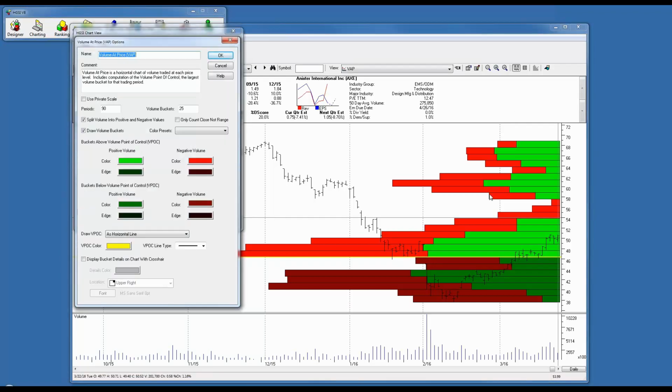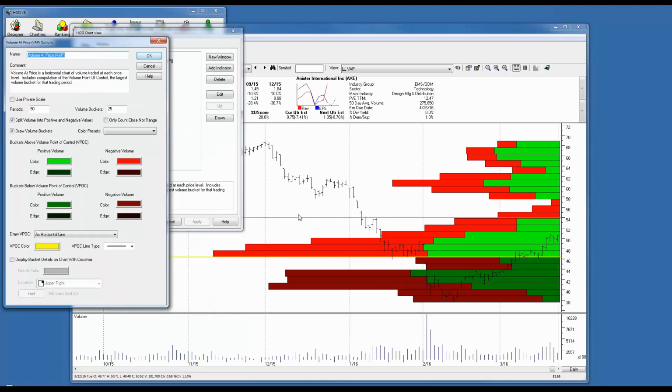Now, when we draw the graph, there's this concept with this volume at price that it's called the volume point of control, and it's basically the largest bucket out of the set of buckets is defined as the volume point of control, and it's what scales all the rest of the buckets, because it's scaled automatically to the 90 periods or whatever you put in here to the number of periods.